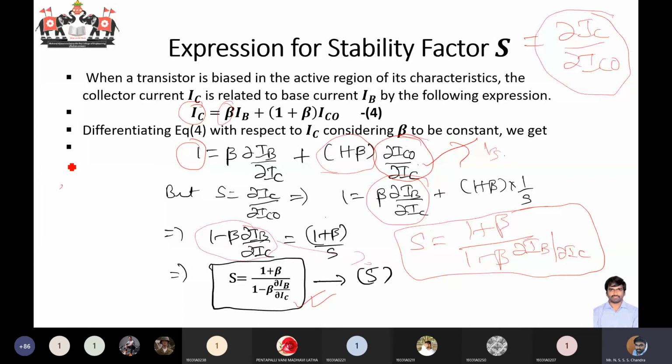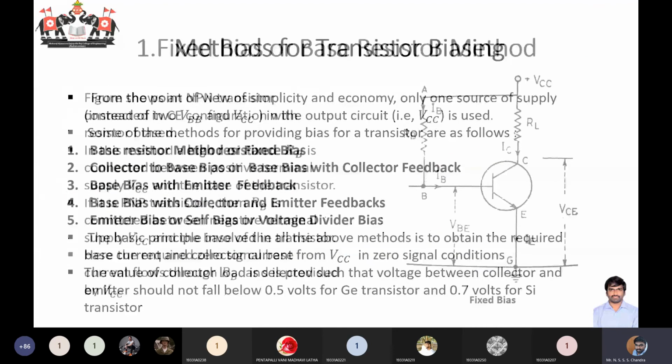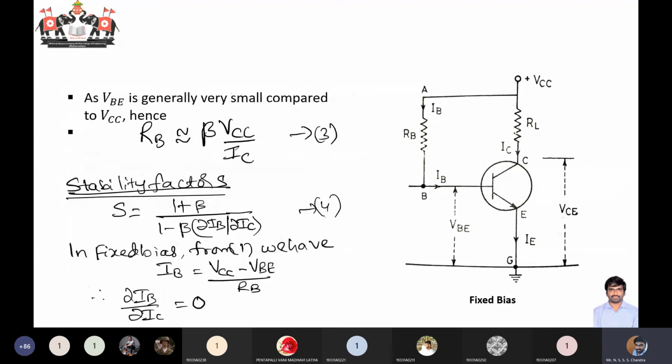Basically S is nothing but dou IC by dou ICO. We will consider this expression for this circuit. So you need to find the value of dou IB by dou IC and replace it here.